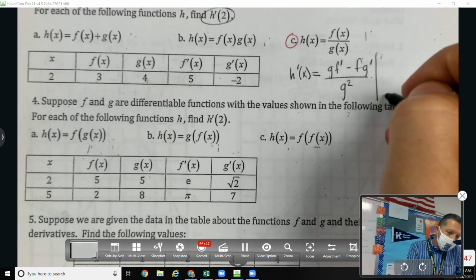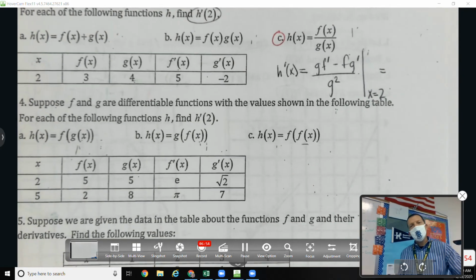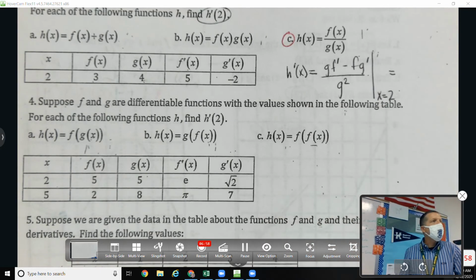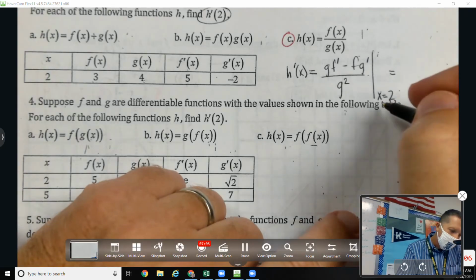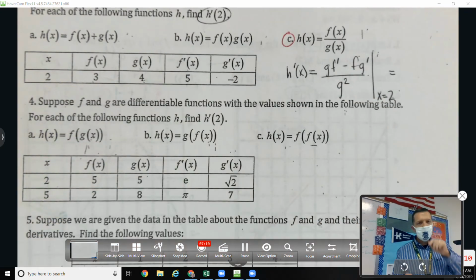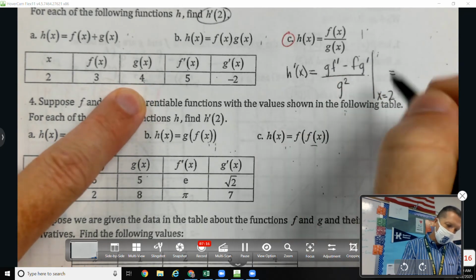If you do a bar and say x equals 2, that's the mathematic shorthand way of saying evaluate this chunk of stuff at 2. So that's a way to get around putting parentheses 2, parentheses 2, parentheses 2, parentheses 2, parentheses 2, squared. So at x equals 2, I need to go find all these pieces, but the table gives me all those pieces. So it's just using the table and finding the right piece.